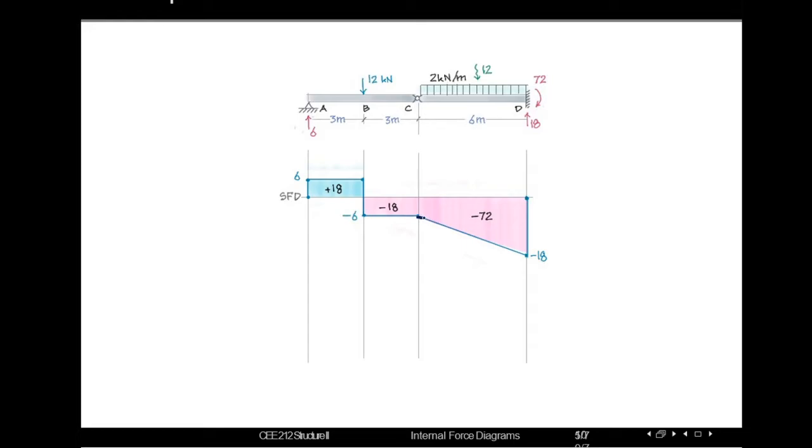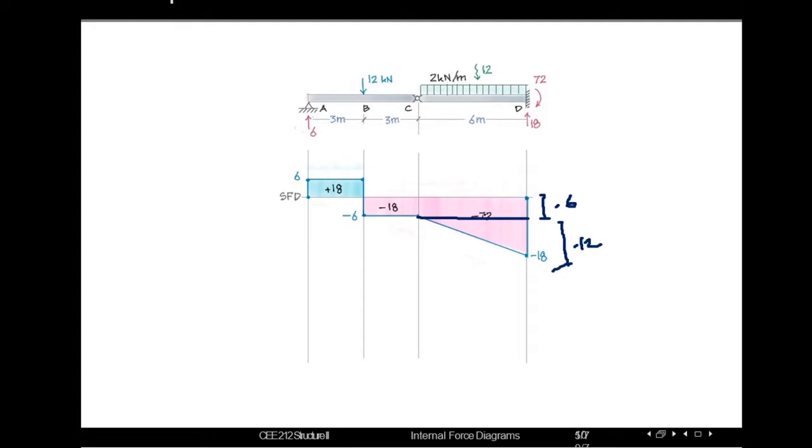We can also do another thing, which is we can divide this area into two portions. We know the value of this height will be minus 6, so this amount will be minus 12.